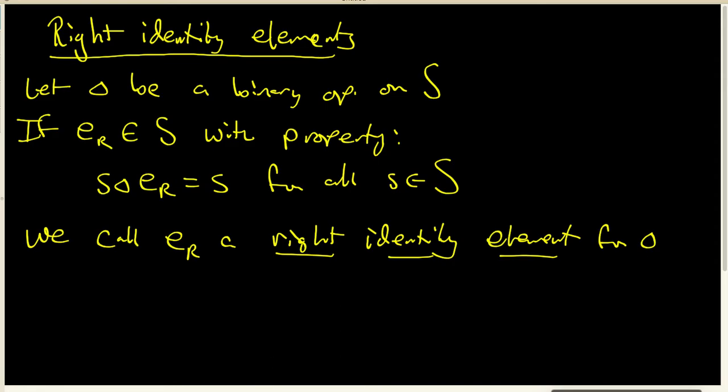And it's referred to as a right identity element because you'll notice that the right identity is on the right side of the operation. A left identity element would be on the left side of the triangle. So that's what a right identity element is.